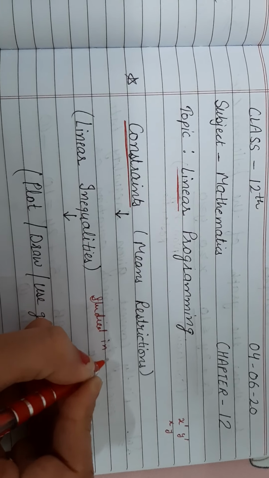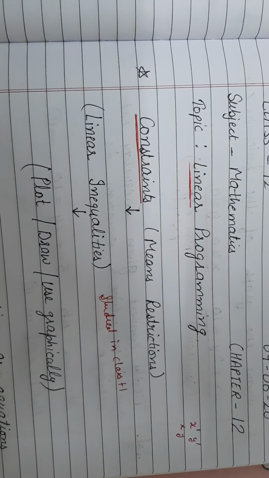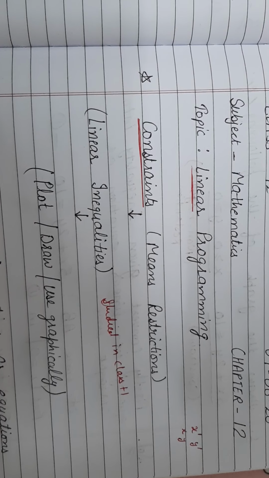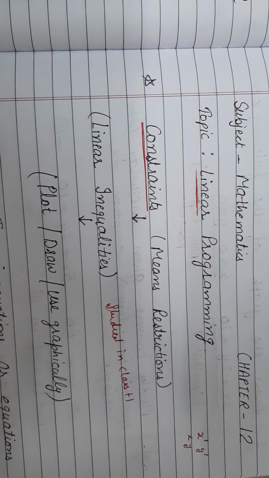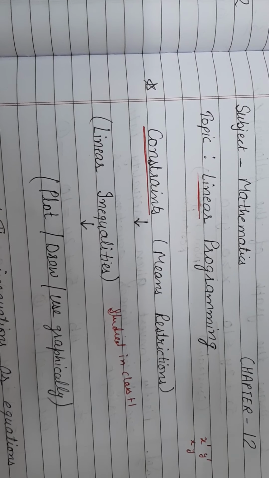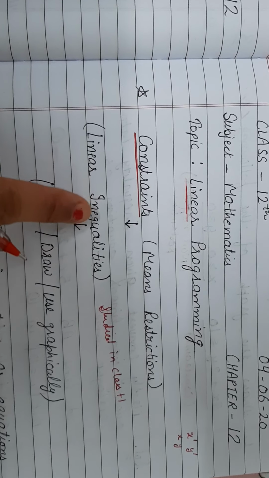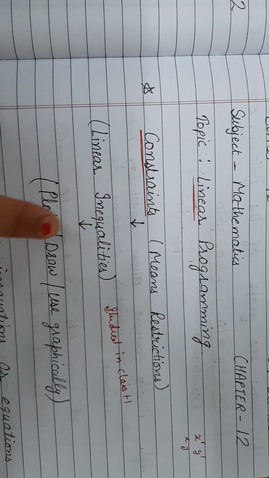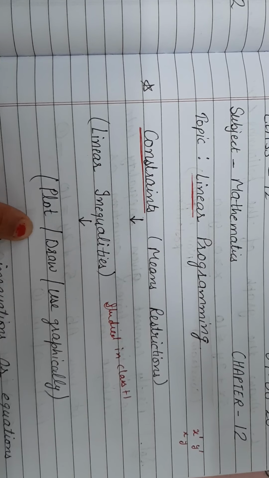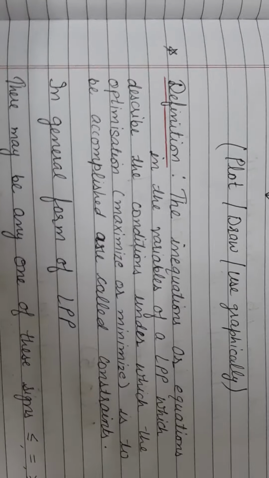I think you have studied this chapter, linear inequalities, in class 11, where you were plotting graphs. So here also we first discuss inequalities. You have to convert these inequalities into equalities, then draw the graph. You can see here the definition of constraints.